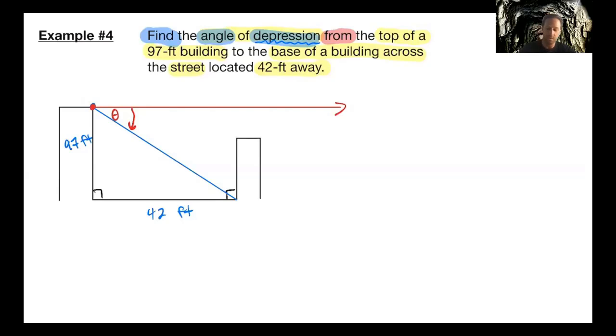But if you do also recognize that this is a horizontal line and this is a horizontal line, and at the very beginning of this class, when we were reviewing a bit of geometry, we talked about two horizontal lines being cut by a transversal.